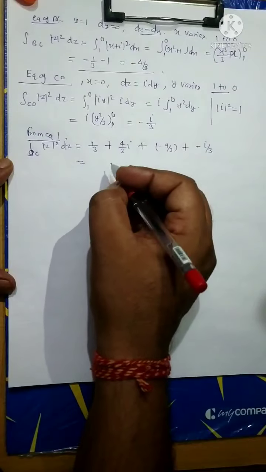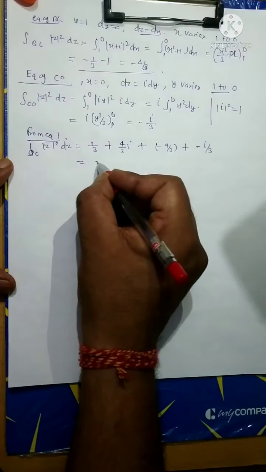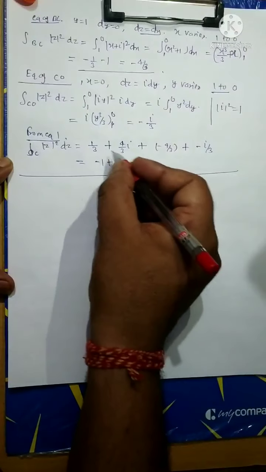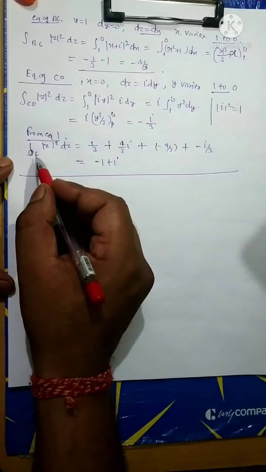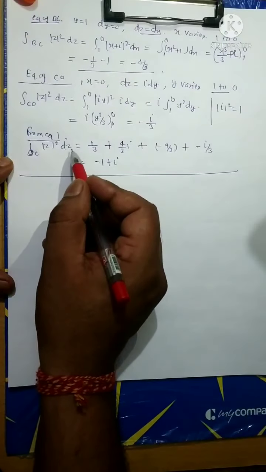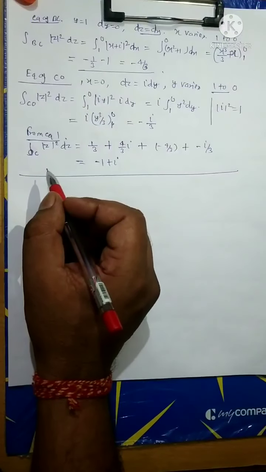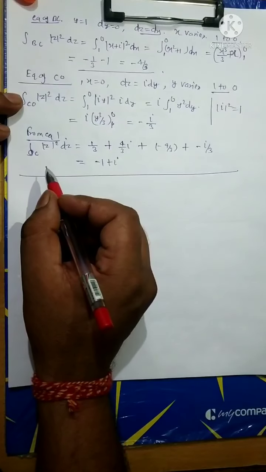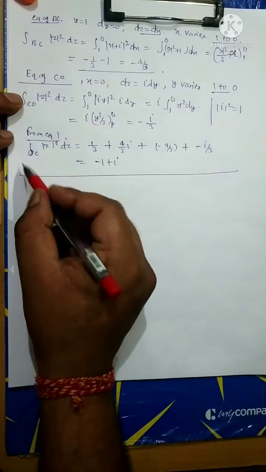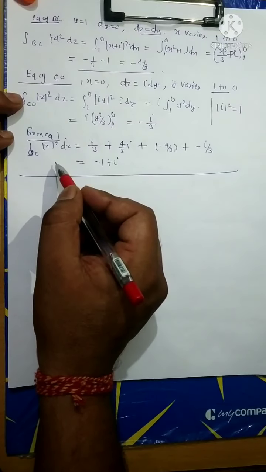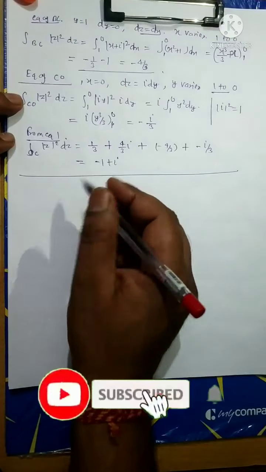Now we calculate: minus 1 plus i. This is the complete value of the integral over contour C, z modulus square dz, that is over the given square, whose vertices are given. This is a complete solution.